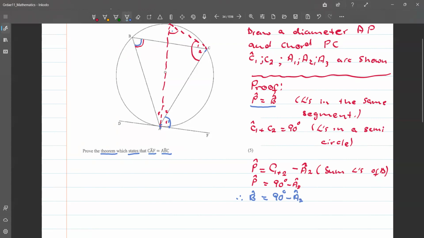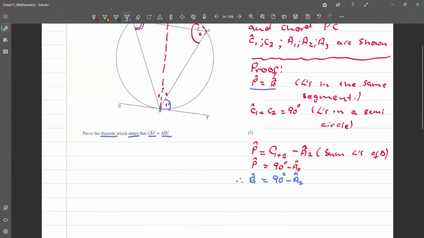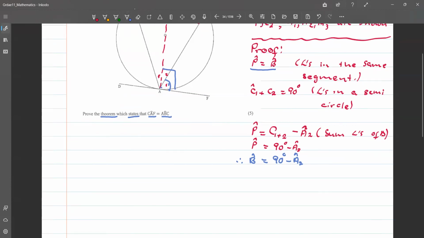Do you see why I say start with that statement? Yeah. Now we come down here. What do you remember about a radius and a tangent? A radius or a diameter is perpendicular to the tangent at all times. Then we can say A1 plus A2, because you can see those are the only angles between your radius and the tangent, right?